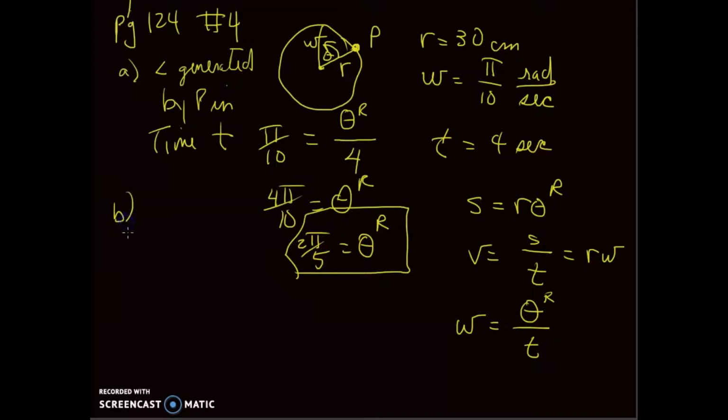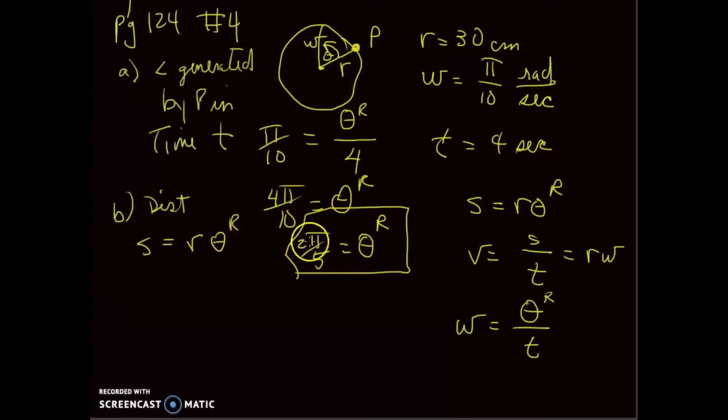Part B, distance traveled by P. So we need the s. Let's see, s equals r theta in radians.